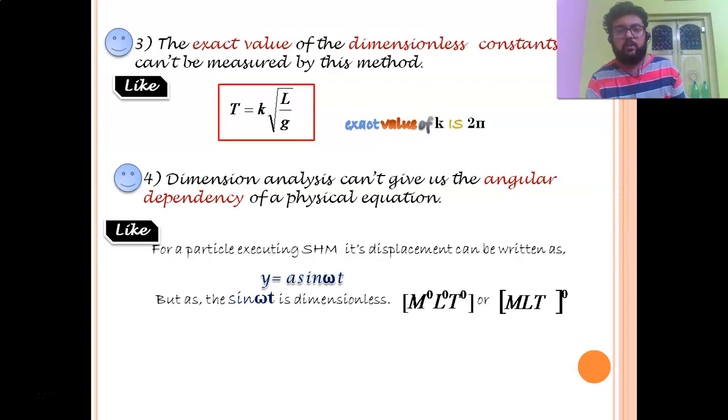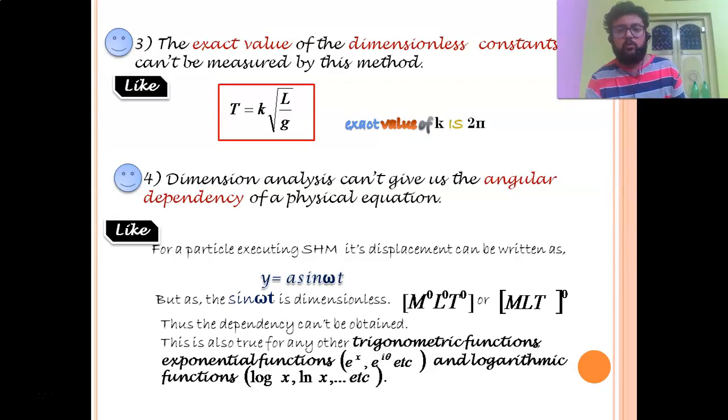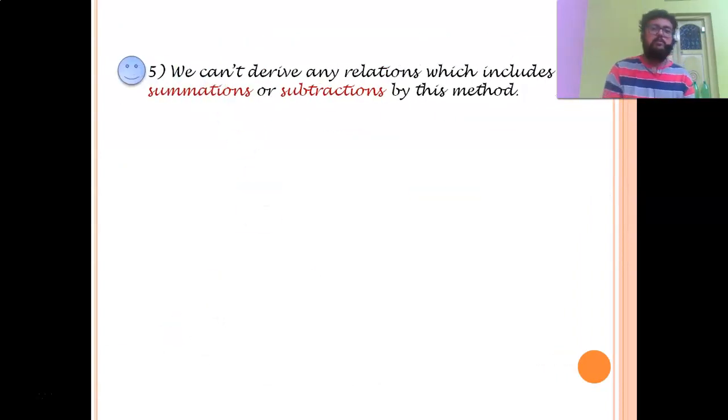Okay. Now this is also true for other functions like trigonometric functions, exponential functions, and logarithmic functions. For the fifth and final limitation, we cannot derive any relations which include summation or subtraction by this method.